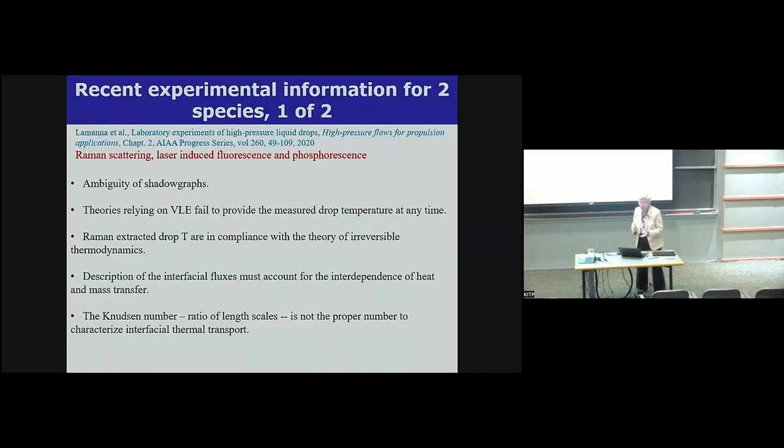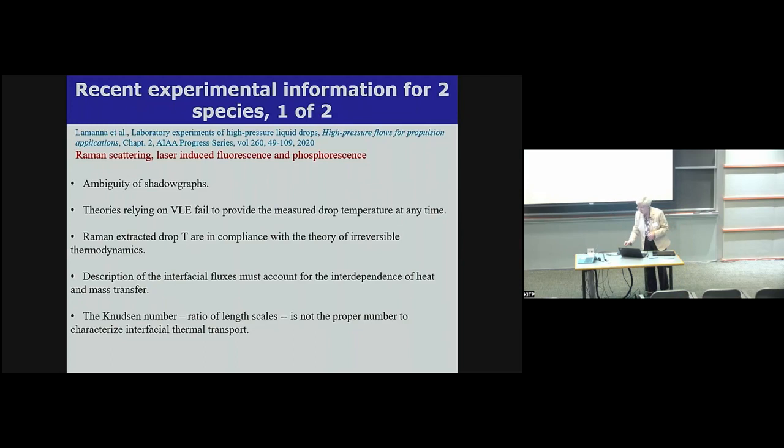So here, just citing some experimental results from a paper in 2020. Basically, it says there is ambiguity of shadowgraphs. If you can actually see something, you may just see gradients, because what we're seeing is basically the existence of an index of refraction, right?